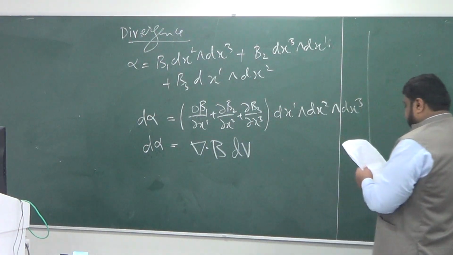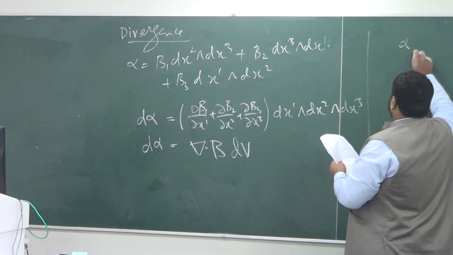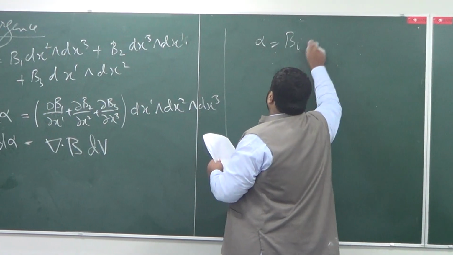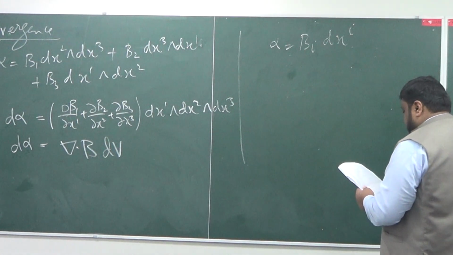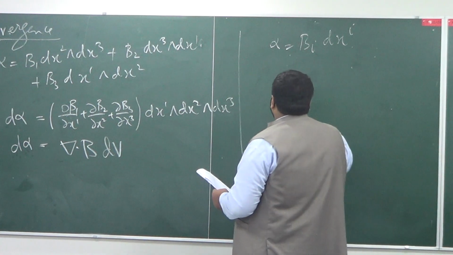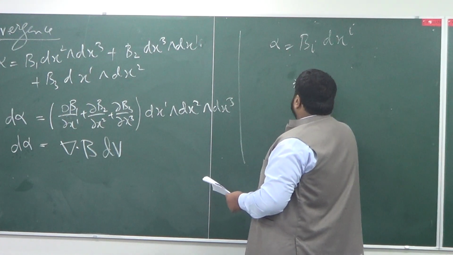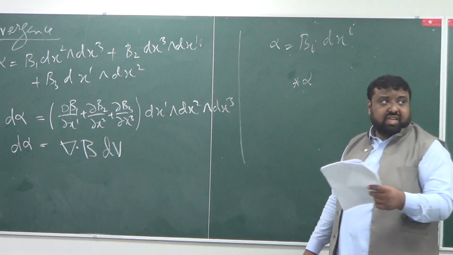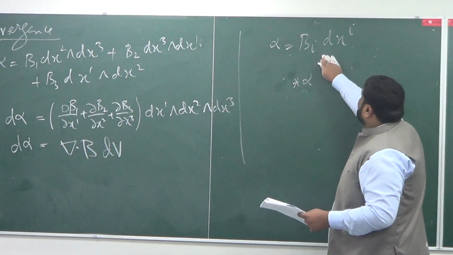And if I have a 1-form, alpha equals beta i dxi, you can actually show that take this alpha, operate star on it, and then compute. When I'm operating a star on it, it is going to send it where?